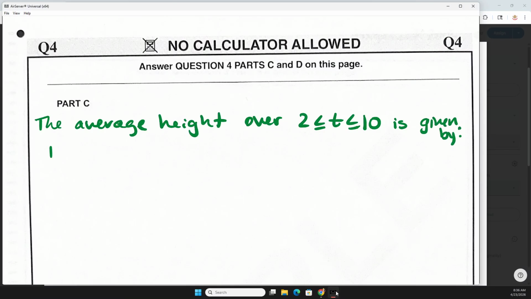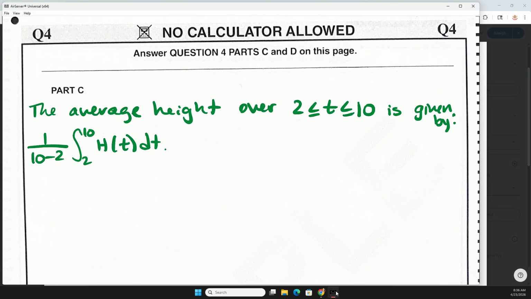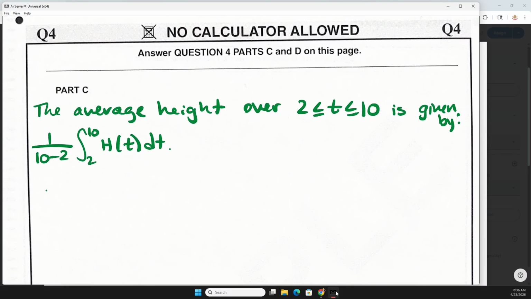and then the average value formula, remember we have that fraction in front of the integral that uses the interval from 2 to 10. Okay, and then I would go ahead and use the trapezoidal sum to approximate that integral.